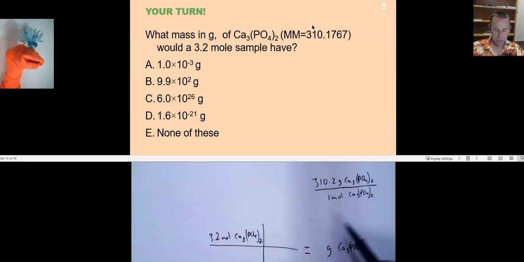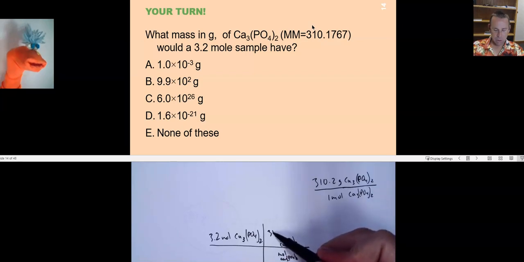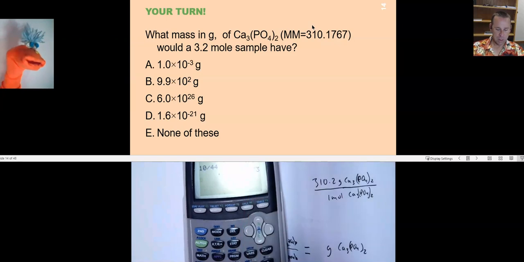How many grams is that going to be? I'm going to use this conversion factor, but I need moles on the bottom, moles of calcium phosphate, and grams of calcium phosphate up top. So that's where my 310.2 goes, and that's 1 mole. So 3.2 times the 310 will give me my answer.